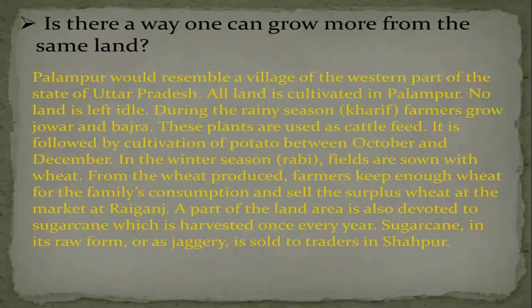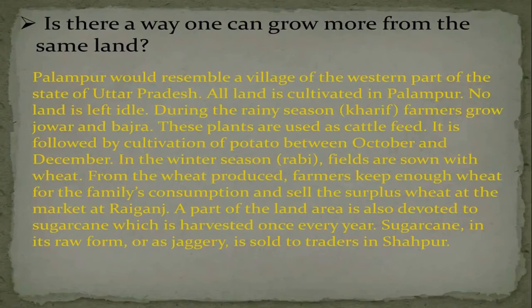In contrast, the plateau regions, such as the Deccan Plateau, have a low level of irrigation. On average, out of the total cultivated land in the country, a little less than 40% is irrigated today. For the remaining area, farming still depends on the rainfall.